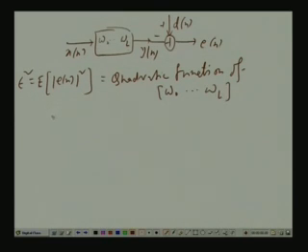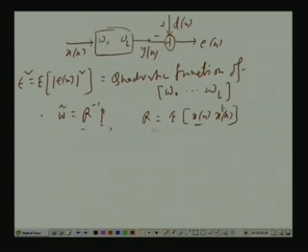We have also found out two things. One is, if we calculate the optimal filter directly, W cap is R inverse P, where R is E of x n x n transpose, and P is E of x n d n.